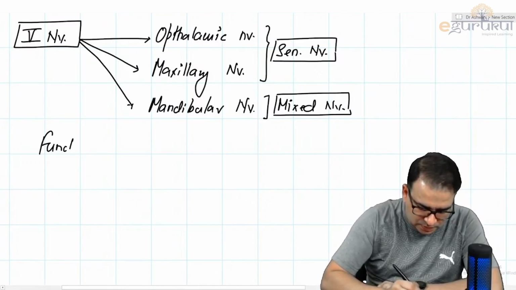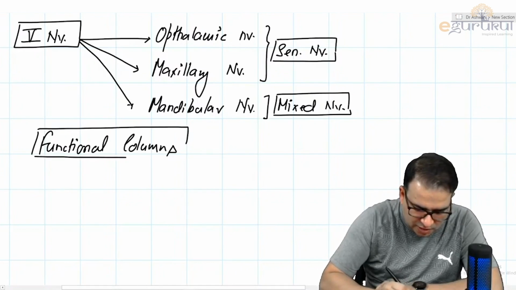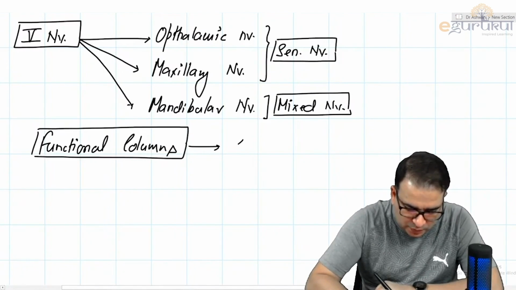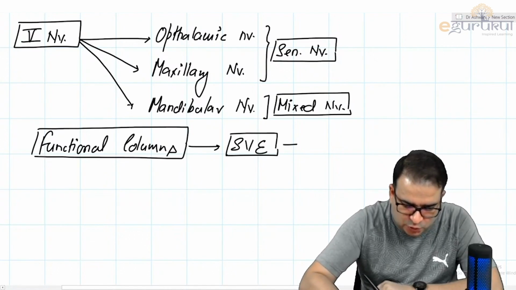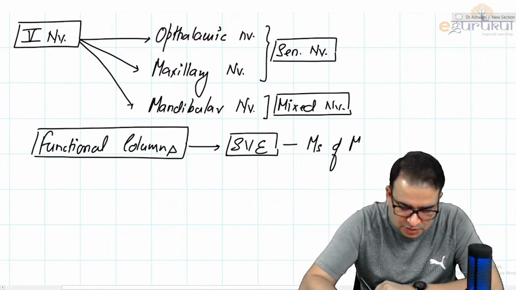I'm writing these functional columns in the beginning because we already discussed the cranial nerve nuclei. There are two functional columns. One is SVE. Why SVE? Because it is going to supply the muscles derived from pharyngeal arches. Which muscles? Muscles of mastication. We will see that.